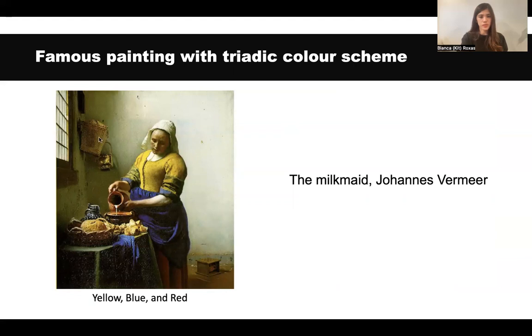Although you can see other colors like brown, light green, but then the main colors are the triad, yellow, blue, and red. That's why it's considered as a triadic color scheme.